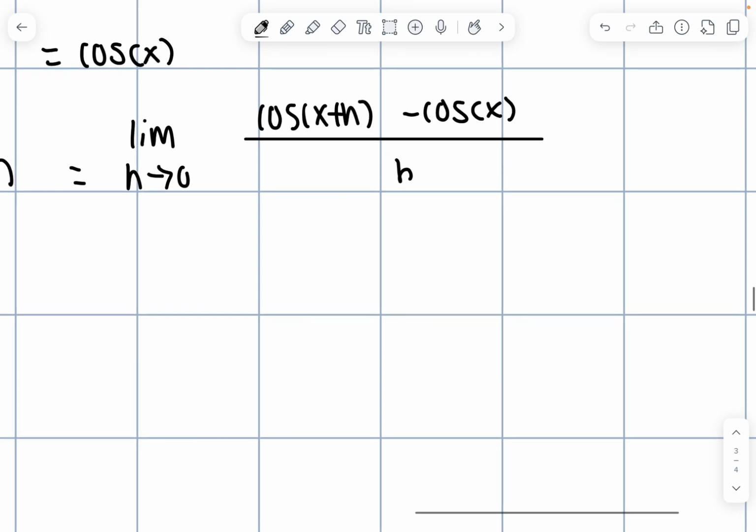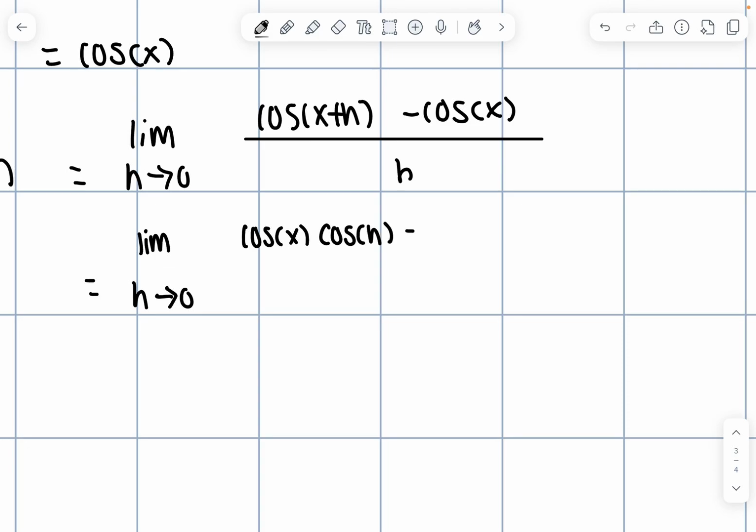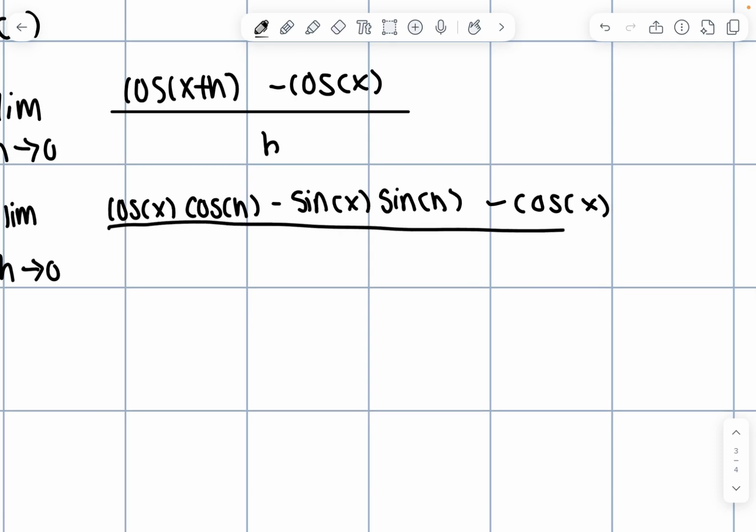And then we can expand that out using the double angle formula for cosine, which becomes, so limit as h tends to 0, cosine of x, cosine of h, minus sine of x, sine of h. And this will subtract cosine of x. That's all being divided by h.